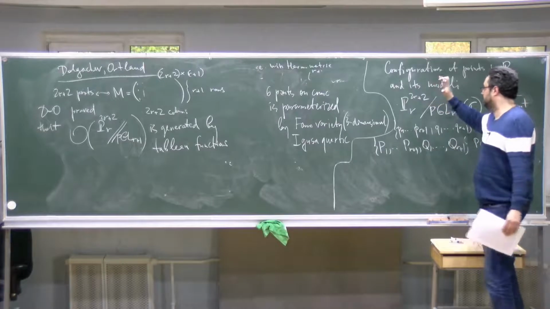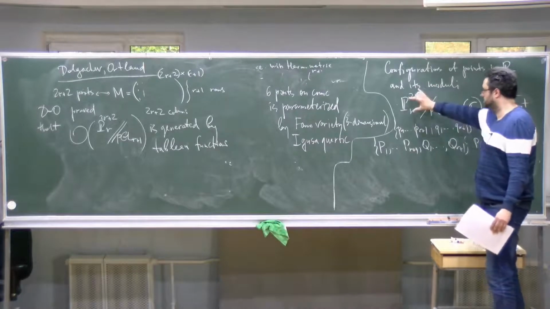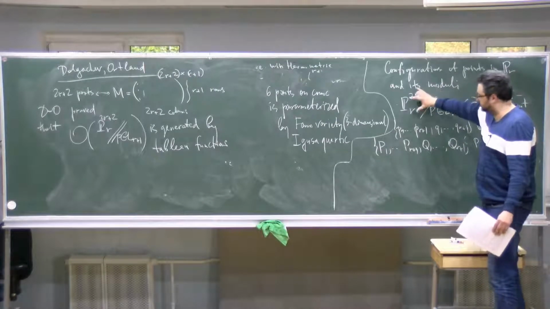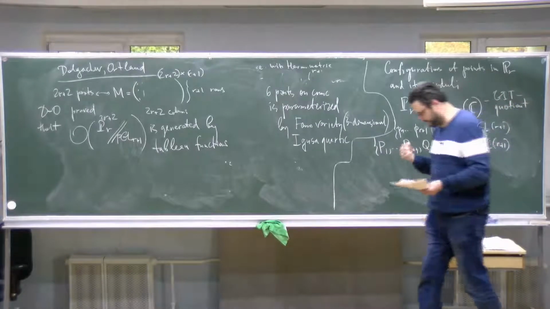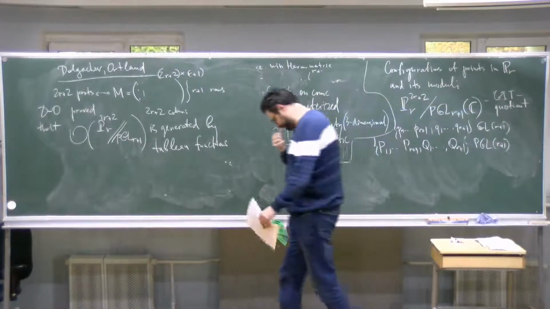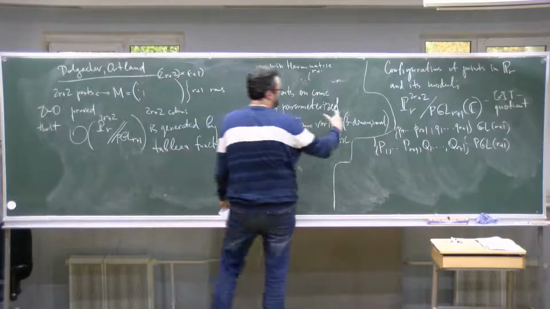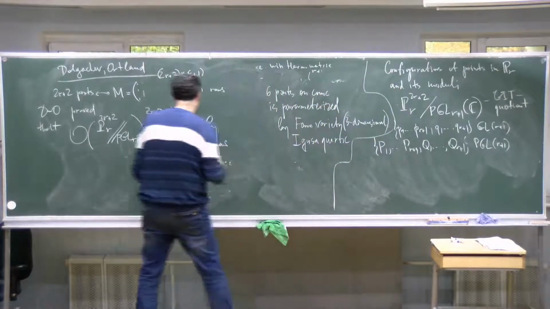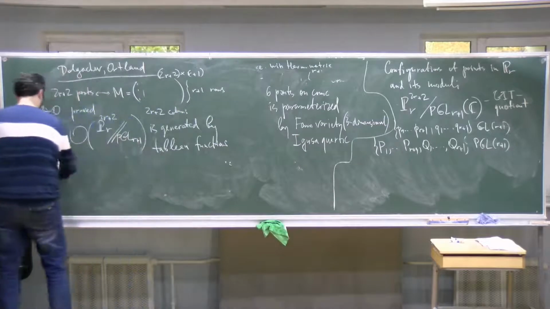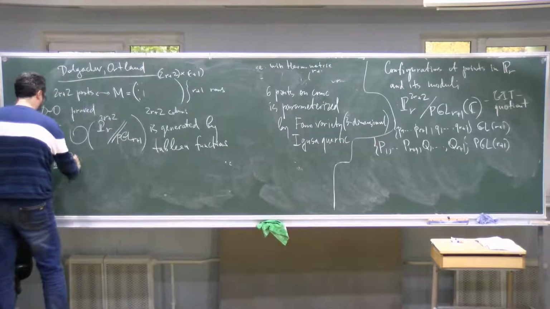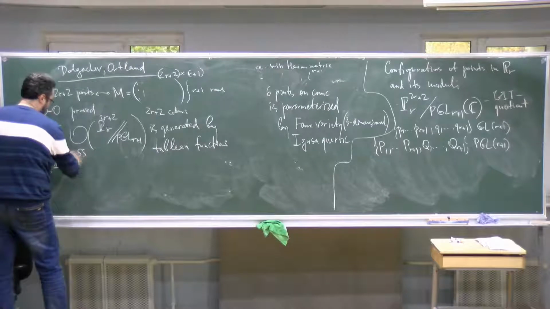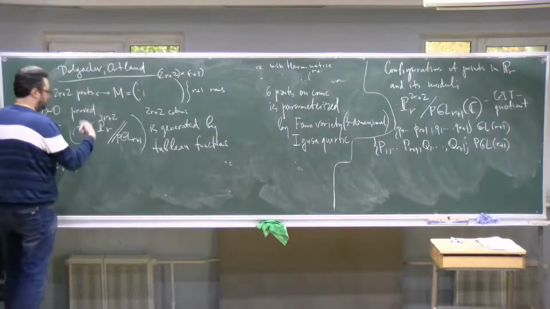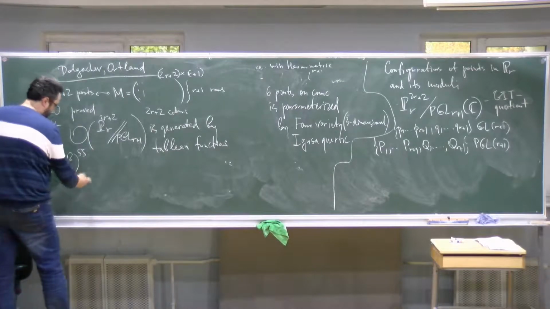So we can't take all this projective space. We have to take some open subset. This open subset is denoted by (P^2r+2)^ss, semi-stable, and the condition of semi-stability is the following.